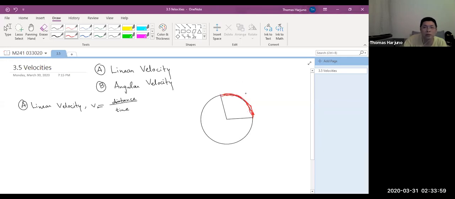So in the past, we called this S for the distance, right? The arc length. So the linear velocity that we will use here is the arc length traveled over the time t.